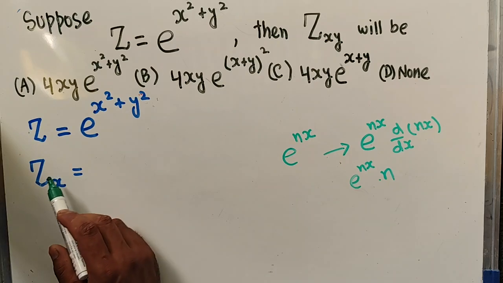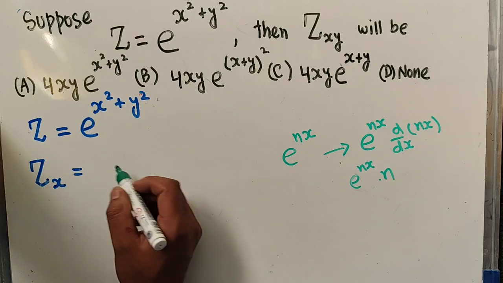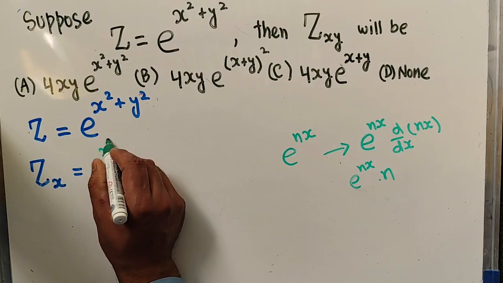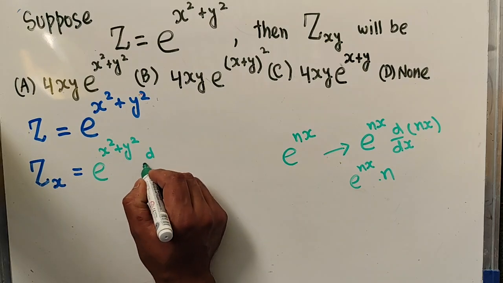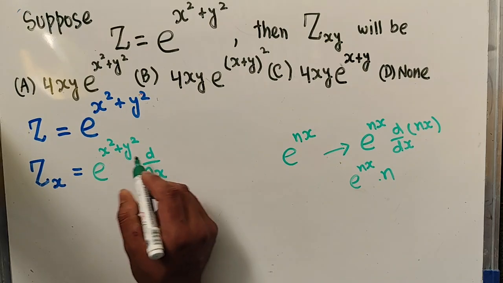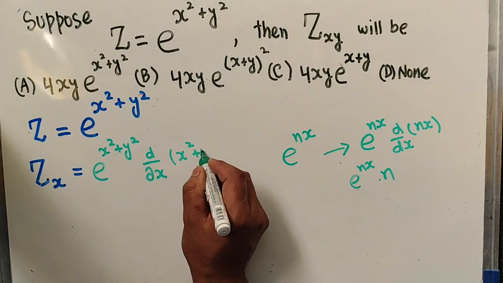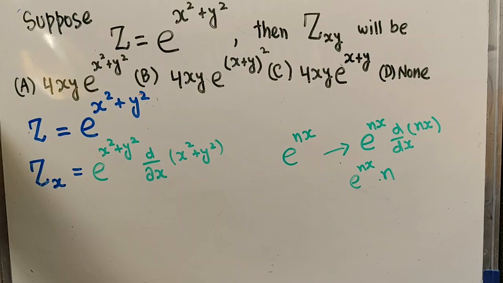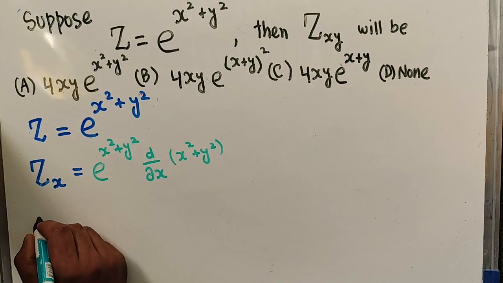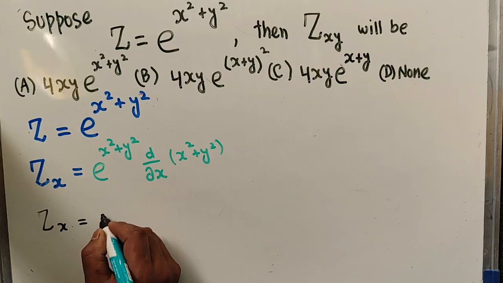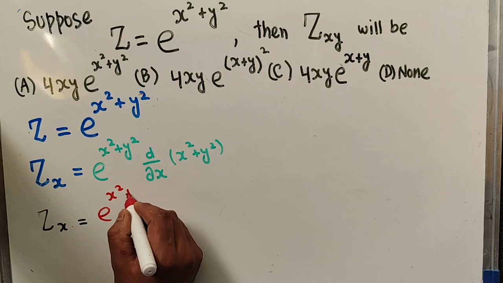Same logic applies here. So the derivative of this function partially with respect to x means e raised to the power x square plus y square, which we multiply with the derivative of the exponent, that is x square plus y square, which gives us z x will be equal to e raised to the power x square plus y square.